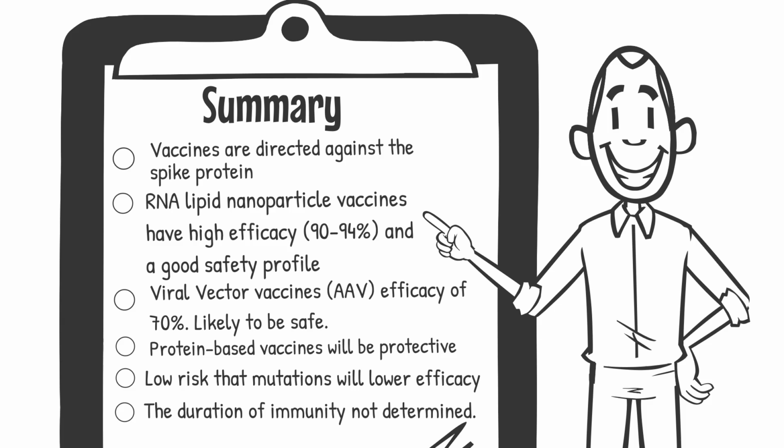Significant toxicity is not expected. Protein-based vaccines are a proven technology and are likely to provide moderate protection. There is only a low risk that mutations in the SARS CoV-2 virus will lower vaccine efficacy, in other words, escape the vaccine. The duration of immunity remains to be determined.